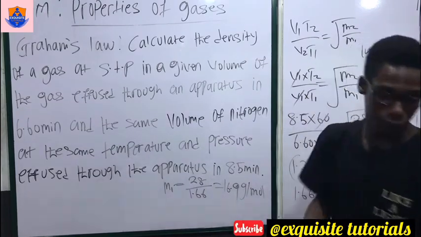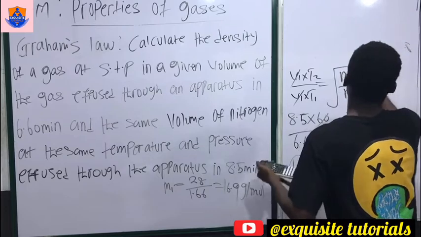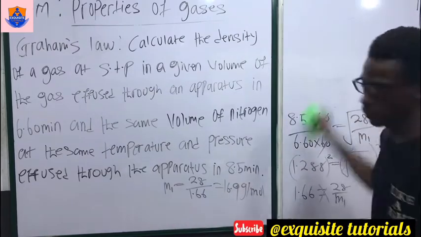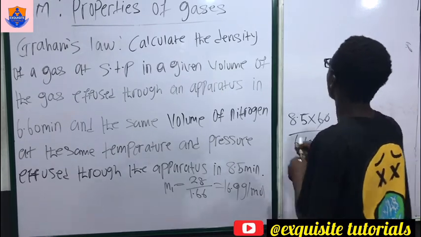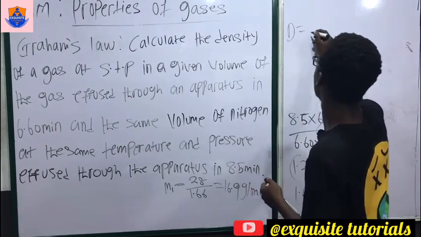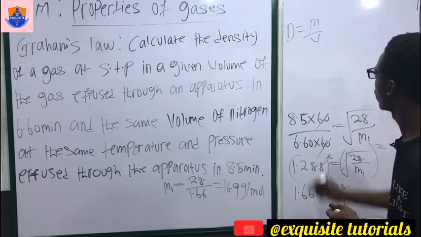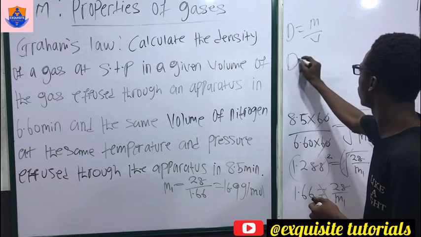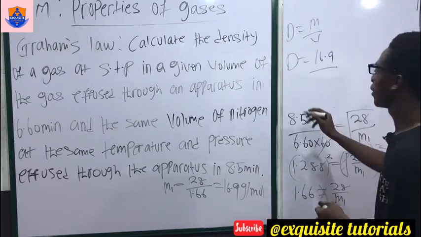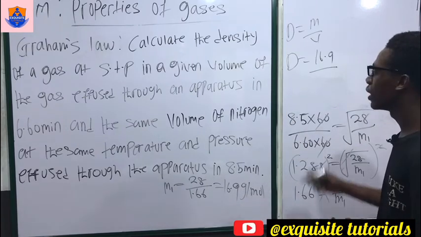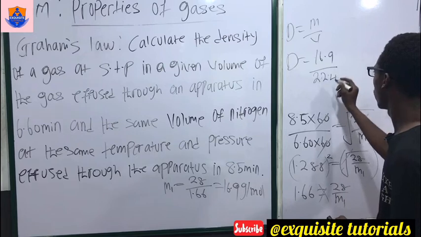You remember density is equal to mass over volume. So now we have the density will be equal to 16.9 divided by the molar volume of a gas at STP, which is 22.4 dm³.